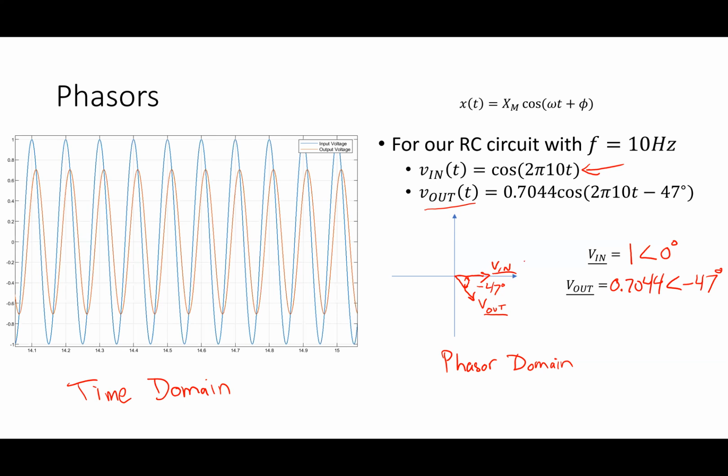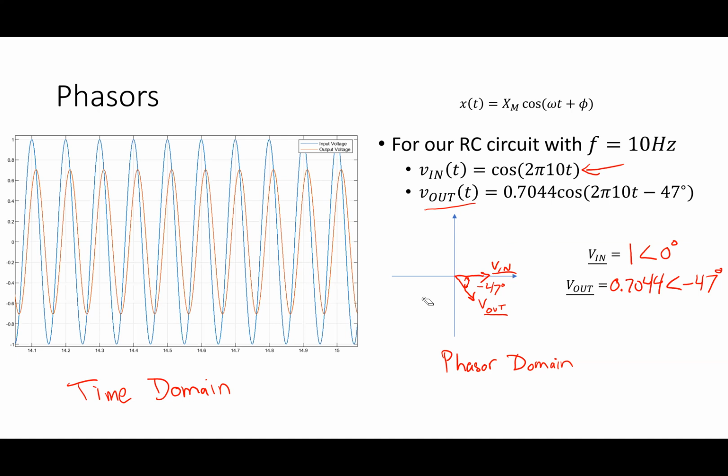Which way is the positive direction when I'm talking about angles? Counterclockwise. Increasing angle is counterclockwise, and decreasing angle is clockwise, right? So something that has a negative shift like that is said to be lagging. We're going to deal with that terminology more as we go through the semester.